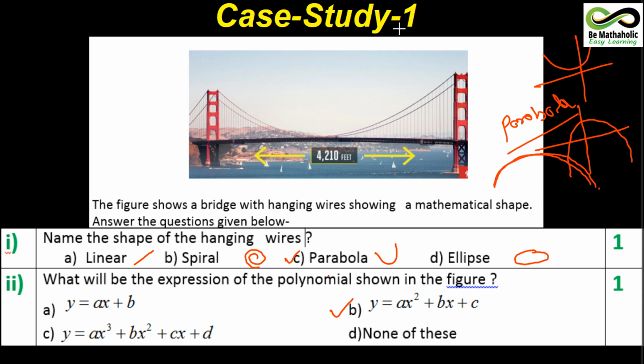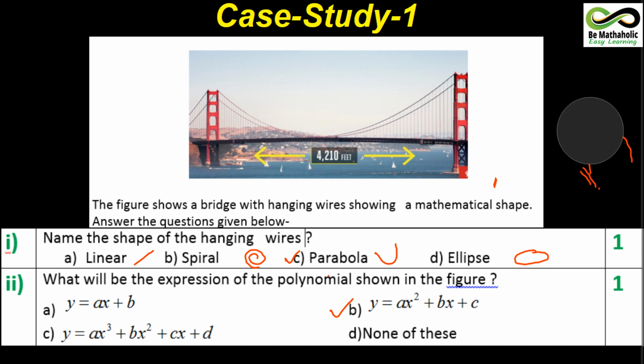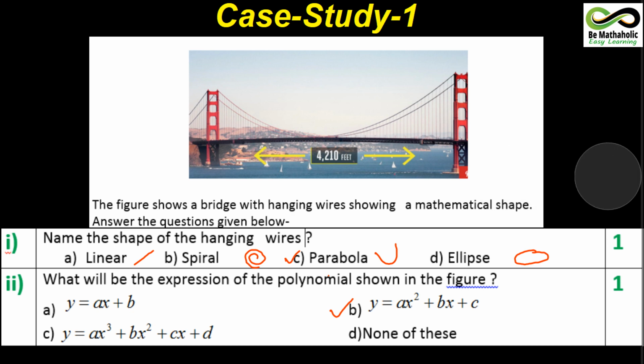Now children, just see it over here. I am going to show it once again, the way it is here. This is a parabolic shape, isn't it? This is called a parabola.